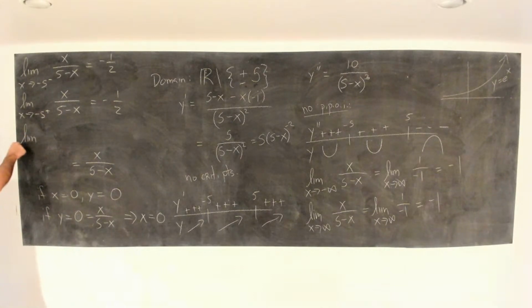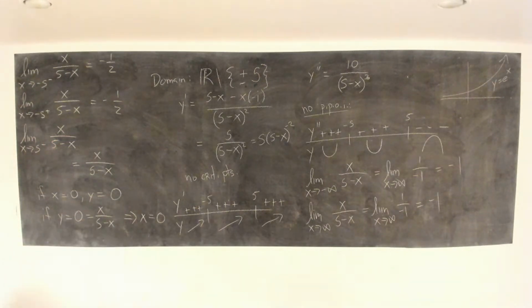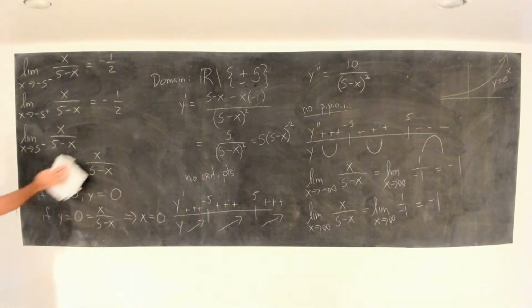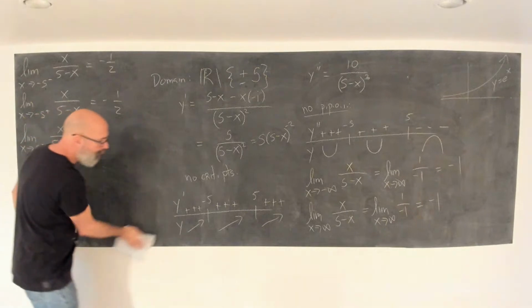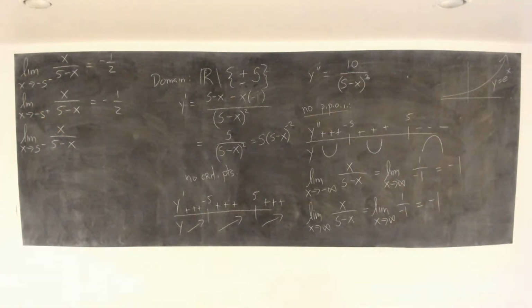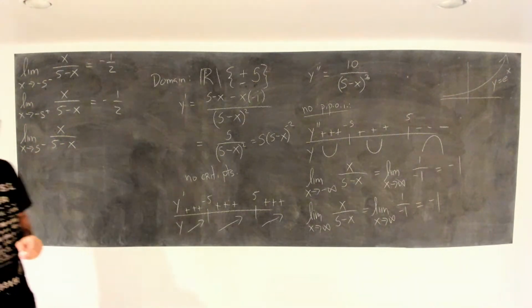What about near 5? Limit as x goes to 5 from the left. If you plug in, what are we looking at? You have a 5/0.